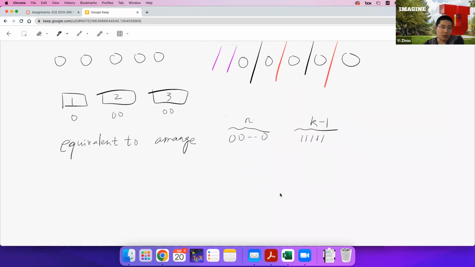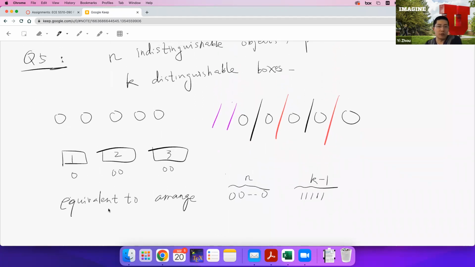Okay, this problem is equivalent to asking how many different arrangements we can have among n indistinguishable balls and k minus 1 indistinguishable separators. Every different arrangement will give a different assignment of the apples to different boxes.